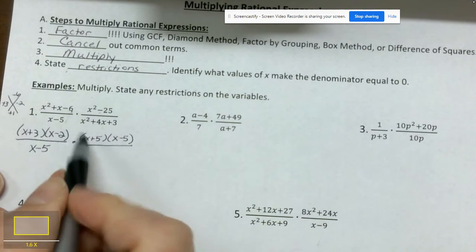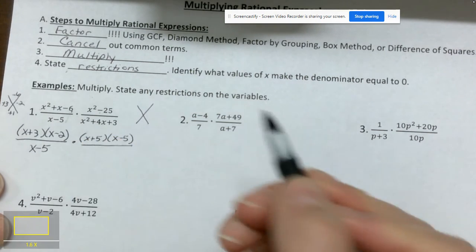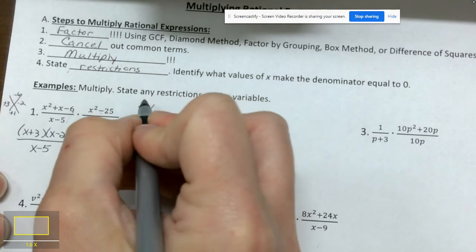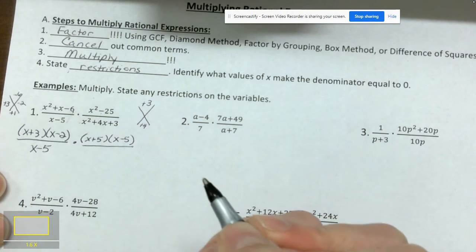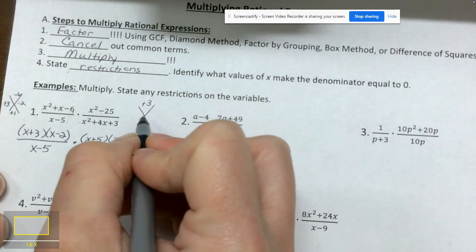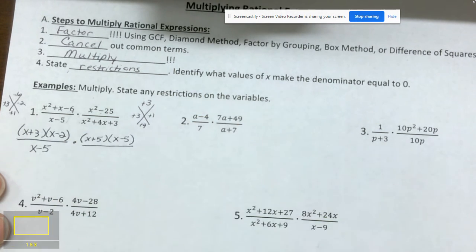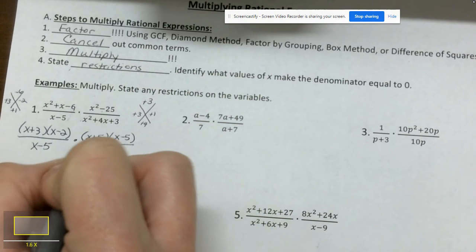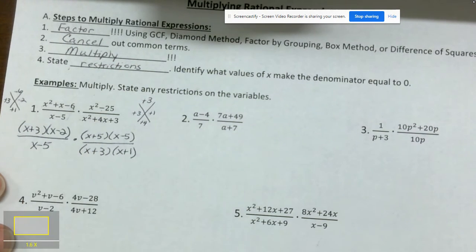Okay, and then we have x squared plus 4x plus 3. Again, we're going to use the diamond method. 1 times 3 gives me a positive 3, and then I need to get that positive 4 in the middle. So to multiply to get 3 and add to get 4, that's going to be a plus 3 and a plus 1. So I come down here, and this is going to be x plus 3 times x plus 1.